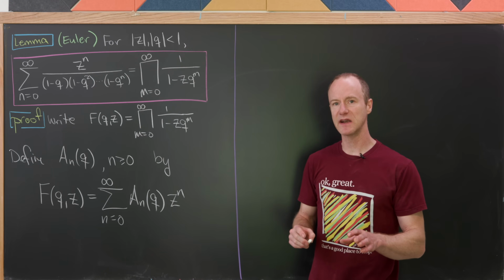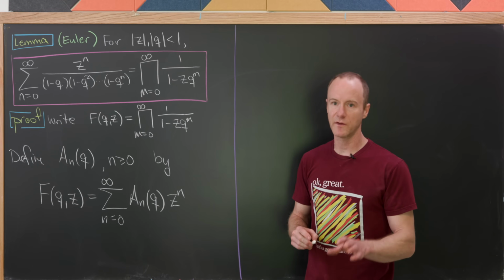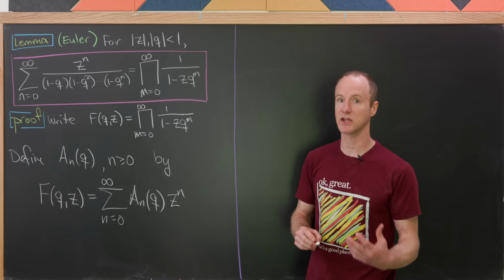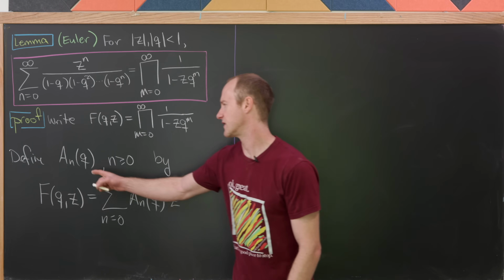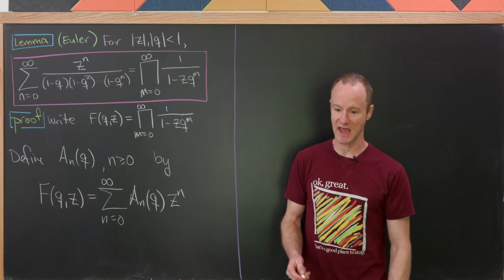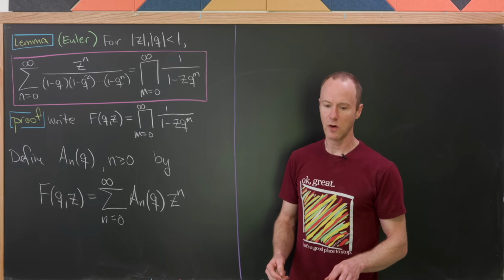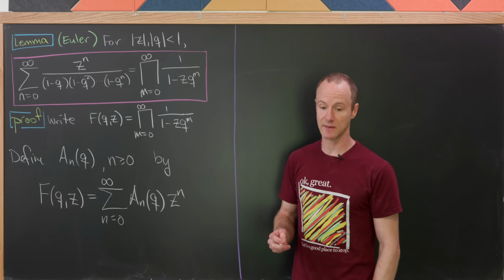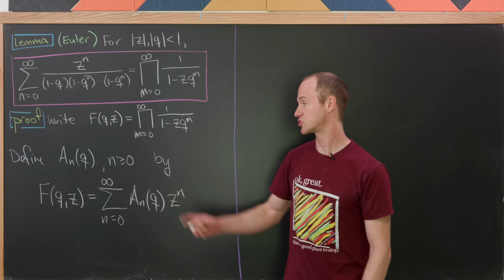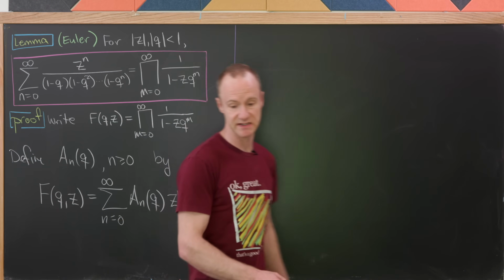But if we expand it as a power series in z, then those coefficients will depend on q. And we're just defining those coefficients to be these functions a sub n of q. Okay, great. And now we're going to start making some observations about the structure of this f of q, z.